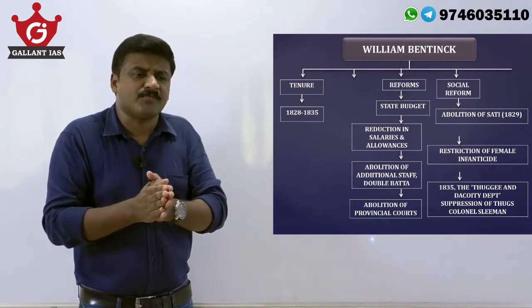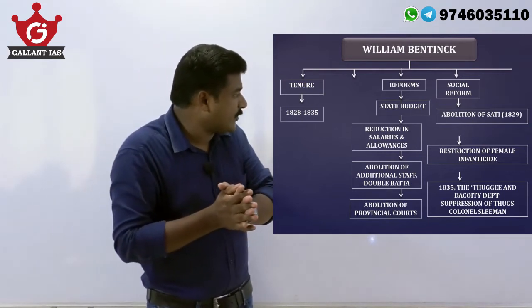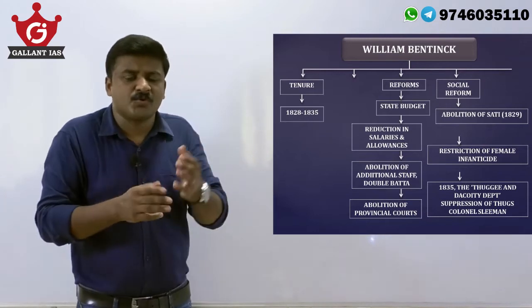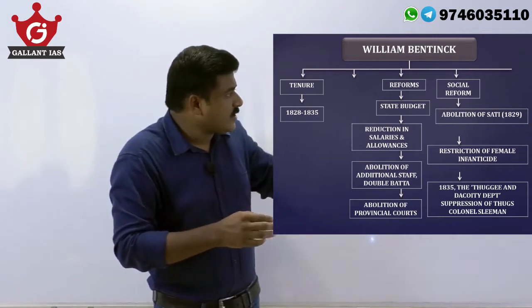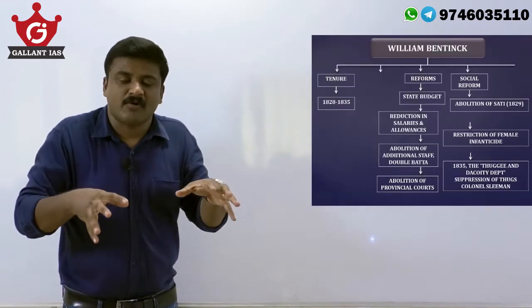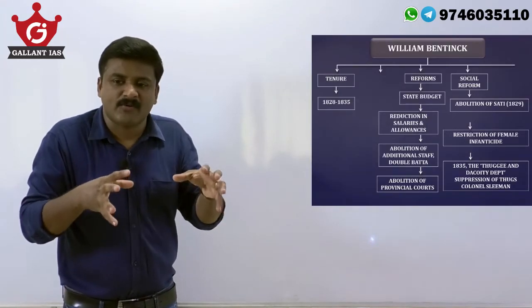So this is William Bentinck. His economic and administrative reforms are important. It was during his time that Mysore and Coorg, princely states, were annexed to British India. Then take care of the social reforms: abolition of sati, restriction on female infanticide. Then the Thuggee and Dacoity Department was established, and there was a brutal suppression of the thugs, with proper maintenance of law and order.